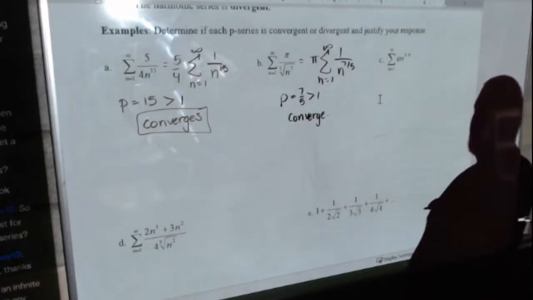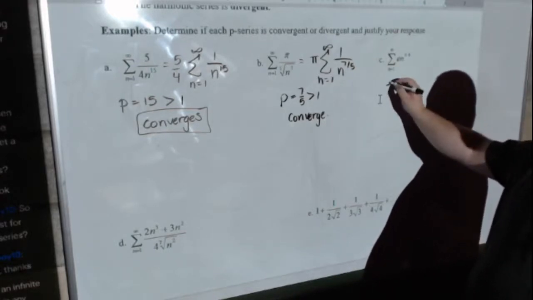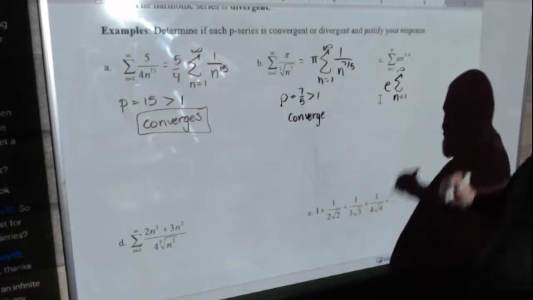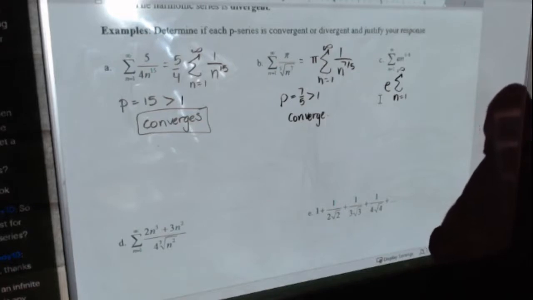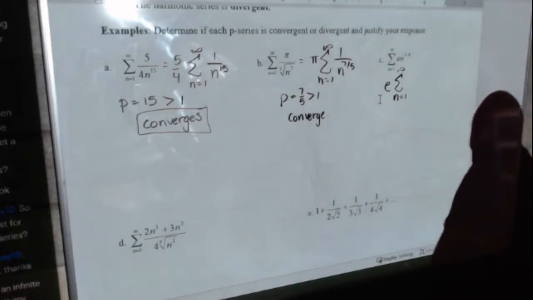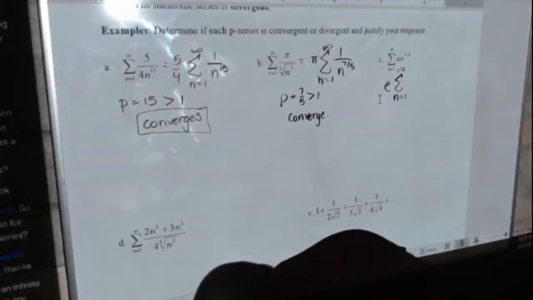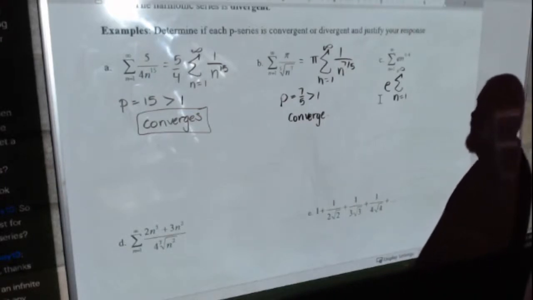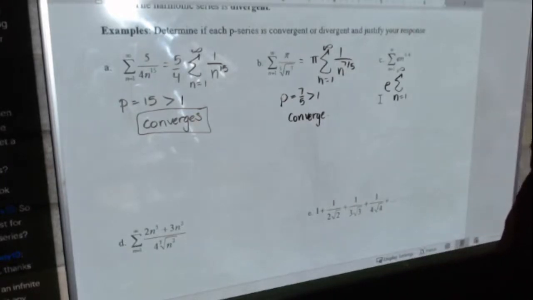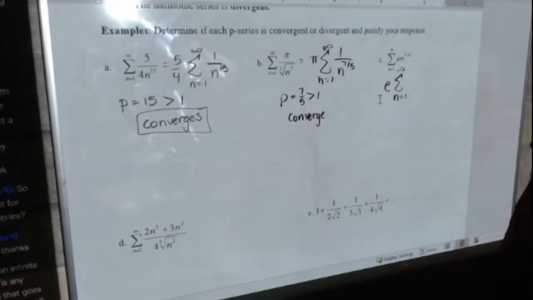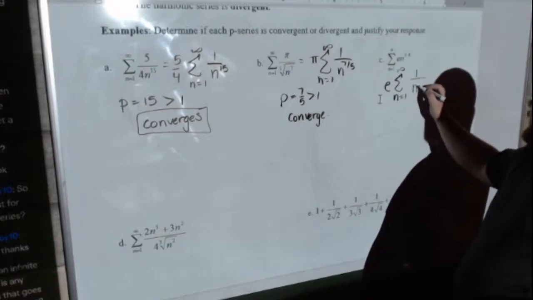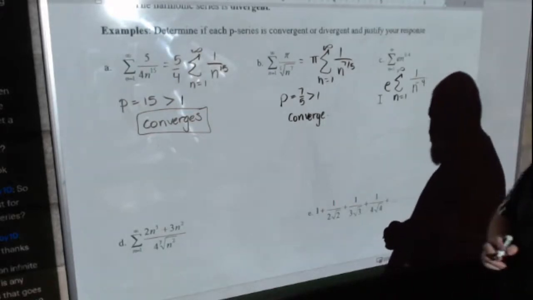So let me ask you guys this. Let me pull out the E here. How would you rewrite this one? That's n to the 0.4. So good, you would put it in the denominator and make it minus 0.4.